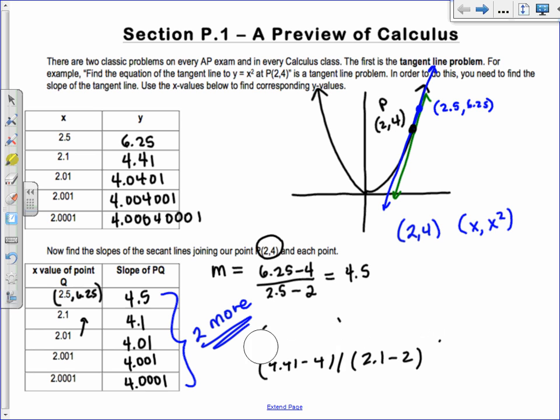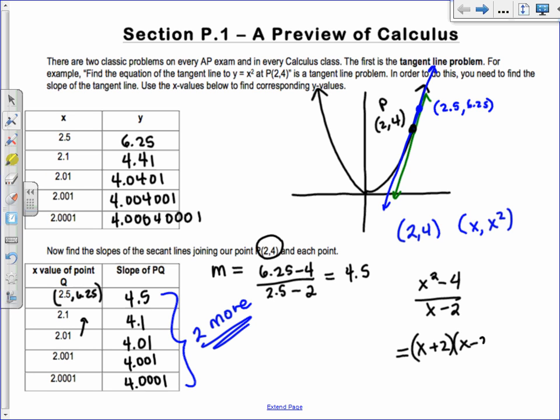If you talk about the slope between those 2 points, 2, 4, and x, x squared, you would have x squared minus 4 over x minus 2. What do you notice about that? The top is a difference of squares, so you get x plus 2, x minus 2 over x minus 2. The x minus 2 cancel, so you get x plus 2. That's why the slope was always exactly 2 more than the x value.